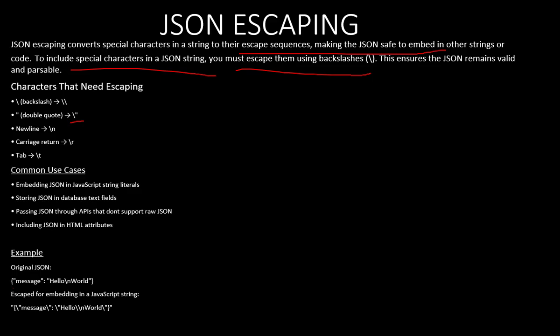This is the key, this is the value. So far it is correct, these are in double quotes, that is not an issue. But since there is a new line in the middle, you need to escape it. It is escaped by giving one more backslash here, if you see here, right?